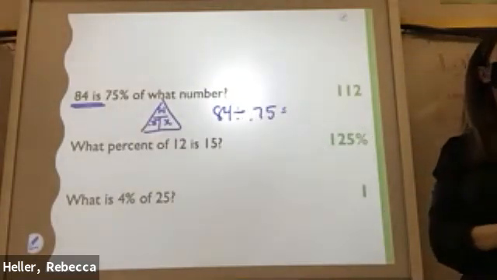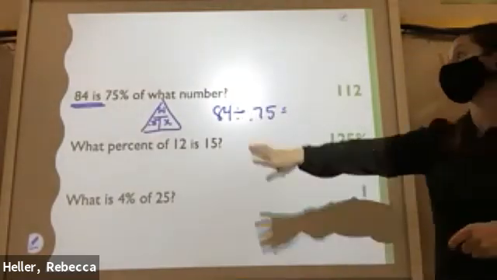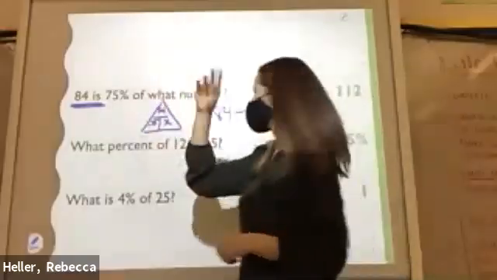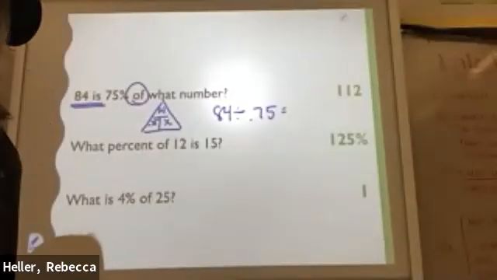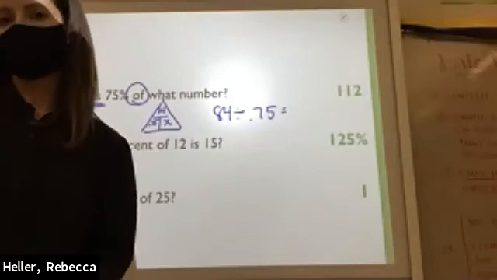For the first one, yes. Mrs. Heller? The whole. Did somebody say my name? Yeah. I see. I multiplied 84 times 75%, and I got 63. So if 84 was the whole, you would be correct.